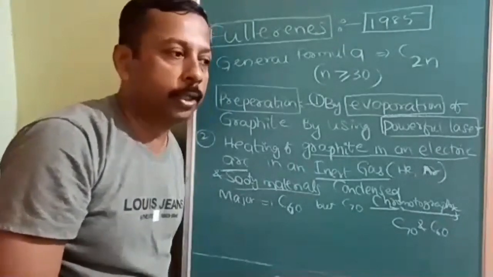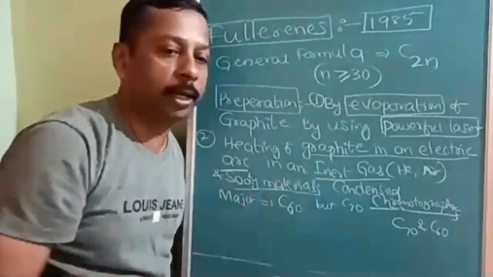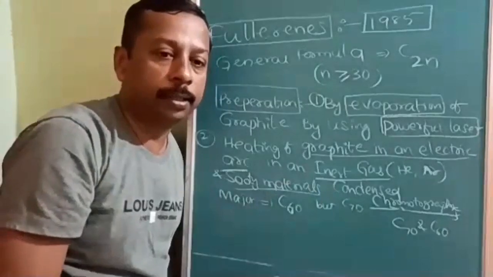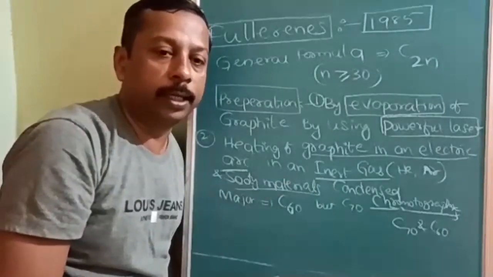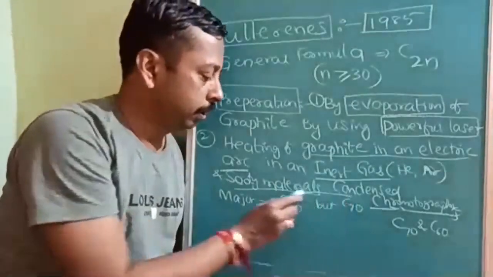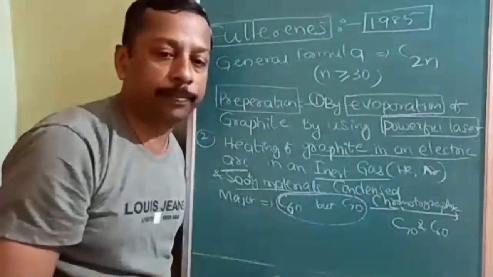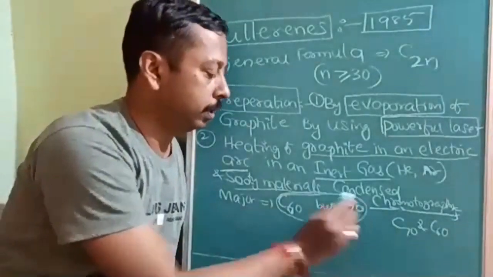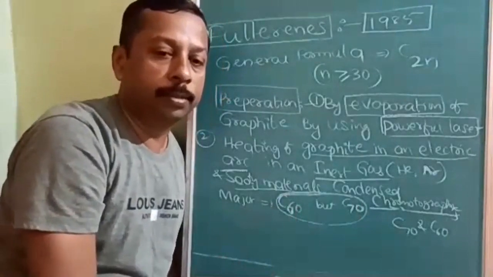So that sooty material we have to condense, because when you heat to a high temperature you get the fullerenes in the gaseous state. When you condense them, you get a condensed material containing the fullerenes. But the main problem is that it will contain both C60 and C70, so they must be separated.